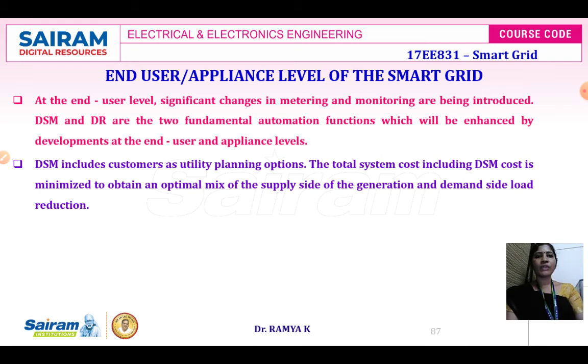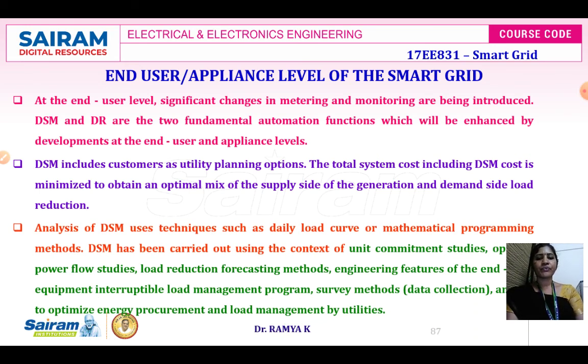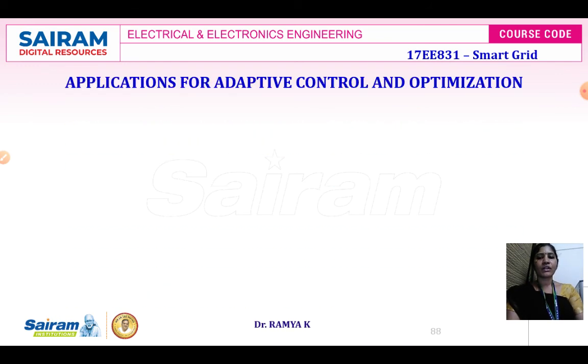So DSM has to be carried out in the context of unit commitment studies, power flow studies, load reduction forecasting methods, engineering features at the end of your equipment, interruptible load management program, and survey method, that is data collection, and to optimize energy procurement and load management by utilities.